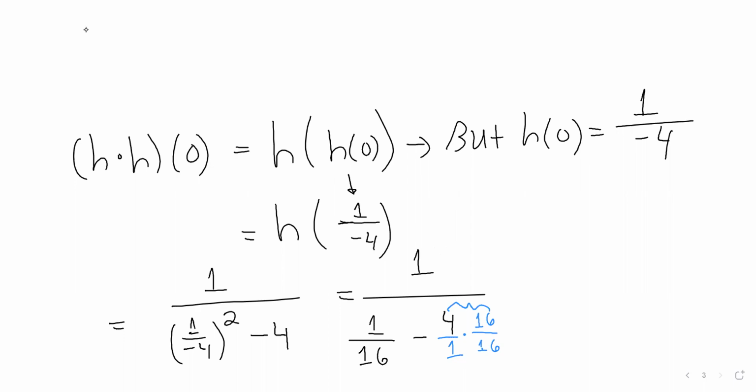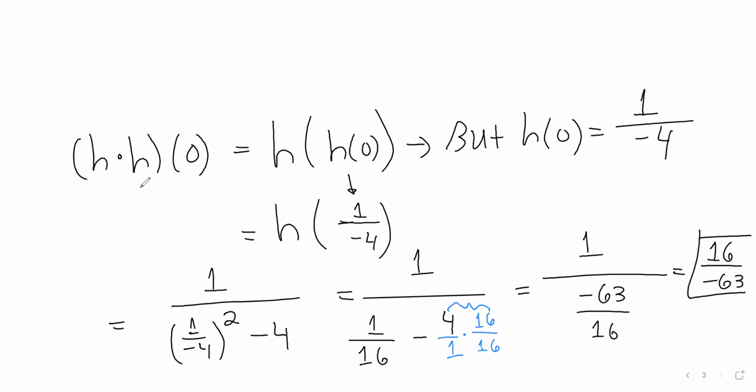Finally, this becomes 1 over 1 minus 64 over 16, so negative 63 over 16. Now 1 over means take the reciprocal, flip the fraction. So your final answer is 16 over negative 63.